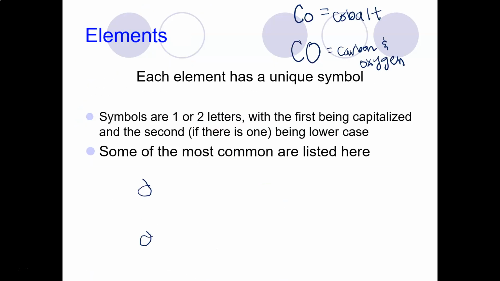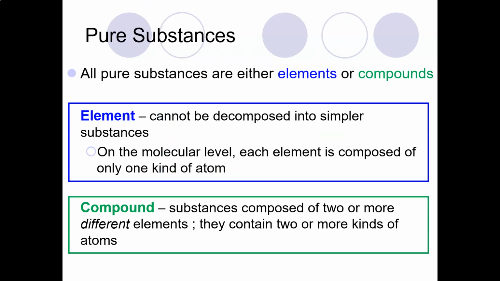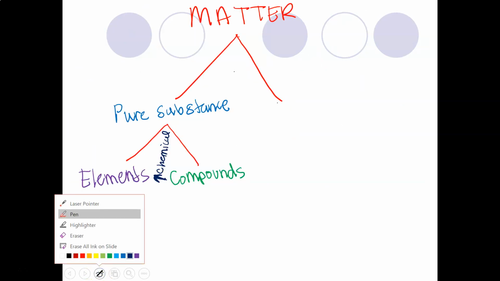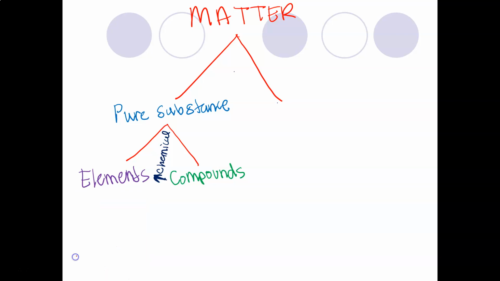So I could redraw my thing here, but I'm going to actually be super lame and backtrack to right there. And we're going to add the two things we just learned. So, all matter can be broken down into either pure substance or a mixture. If it's a mixture, I'm going to go down here so I have more space.